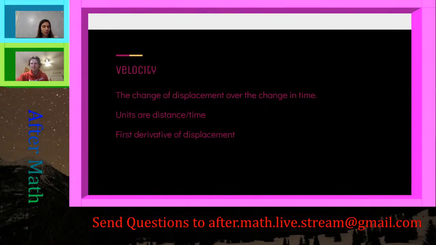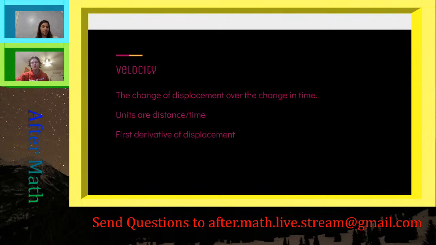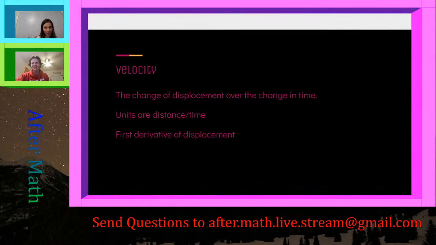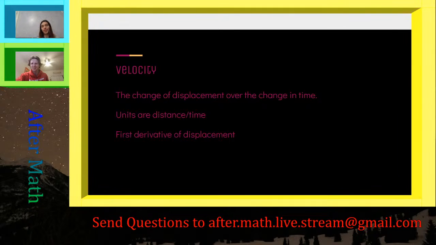Now, the last part about velocity that is important is that it is the first derivative of displacement. Kip, what do you mean by first derivative? Jaden, remember how we were just talking about derivatives on the slide before? You don't just have to take a derivative one time. You can keep taking them as many times as you want.